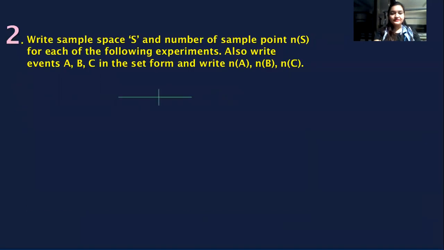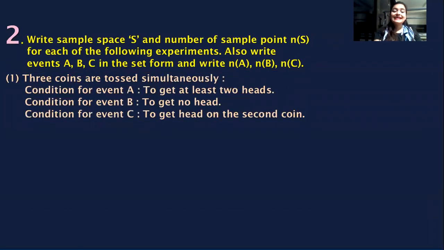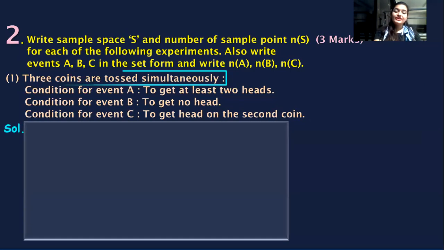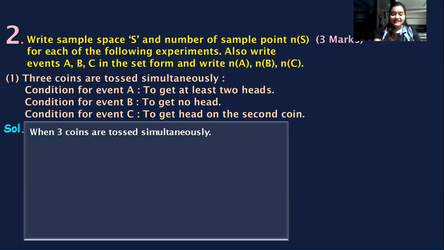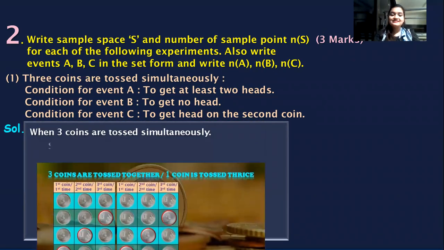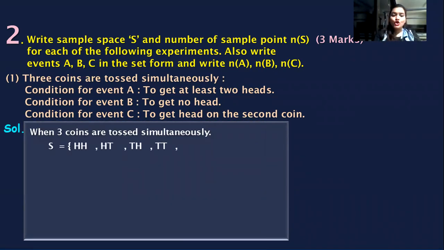Proceeding with the next one. 3 coins tossed. We need to write it very properly. When you need to write 3 coins tossed, first of all, you will write the sample space of 2 coins tossed: HH, HT, TH, TT, twice. Then you put H with the first set and T with the second.